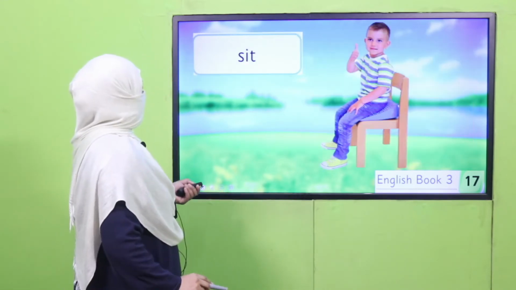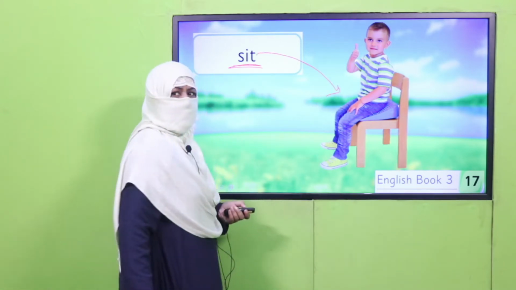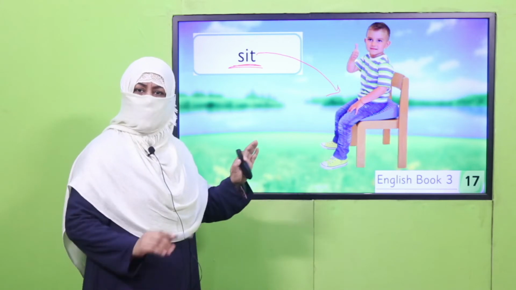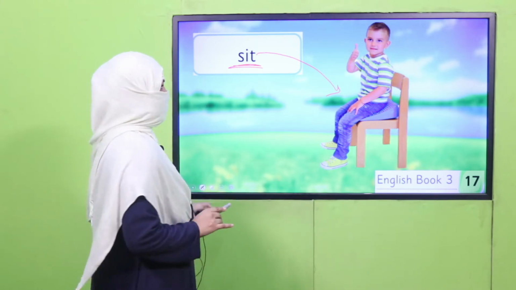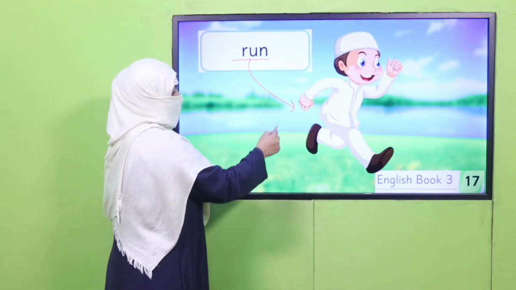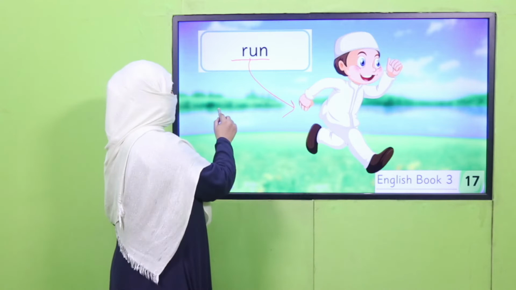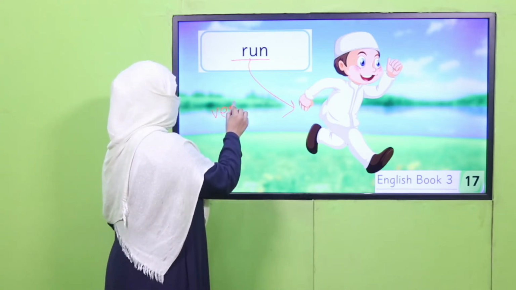Okay. Sit. This boy. Now if I say he is sitting, you know what he is doing. He is just sitting in a chair. Okay. Next is run. This boy is running. Run is, again, now you know all these are examples of verb.